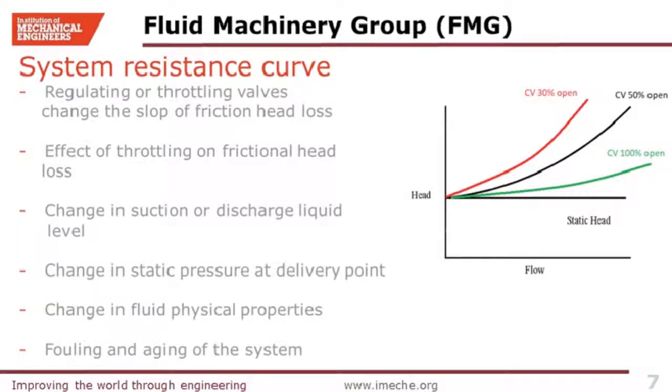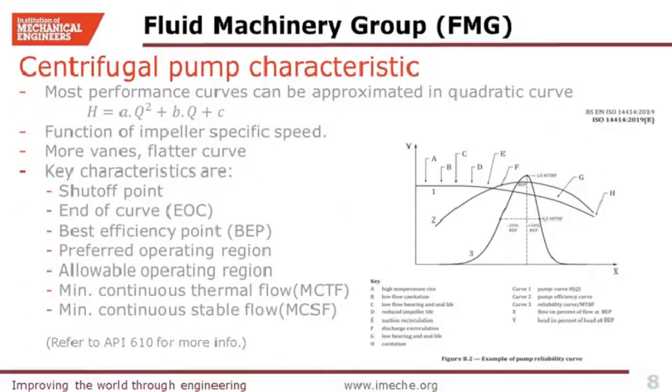So now that we have briefly reviewed the system curve, let's move to the pump performance curve. The performance curve can be shown as a quadratic or second order polynomial function of flow rate. In some publications, you may see third order or even higher degree polynomial curve fits, but second order seems to be accurate enough.